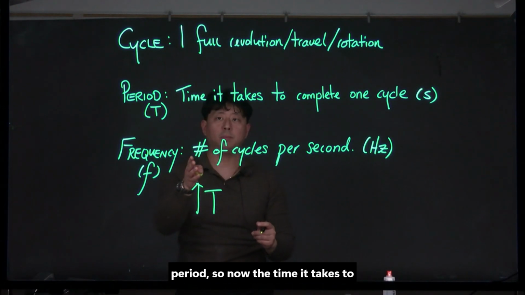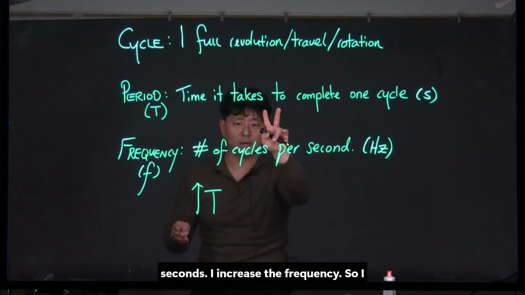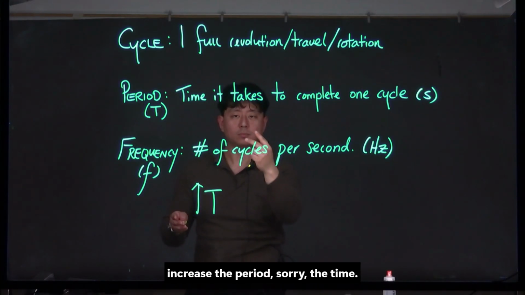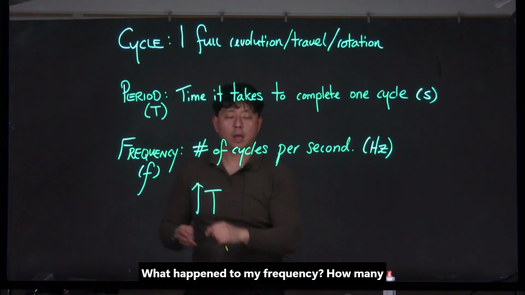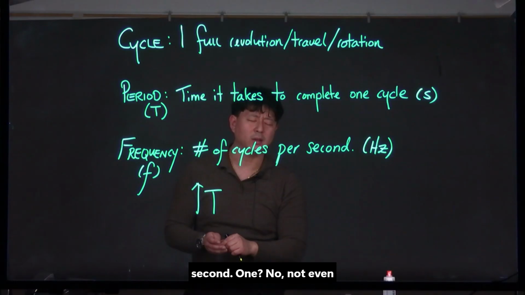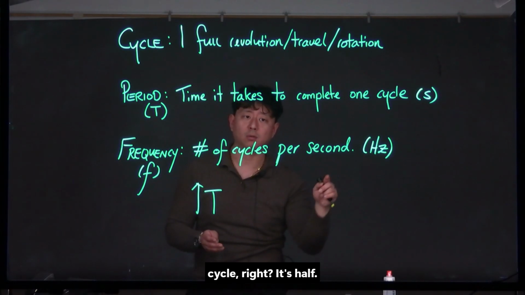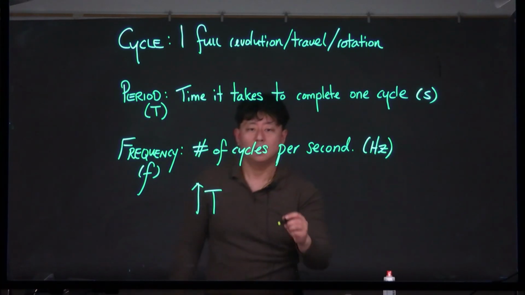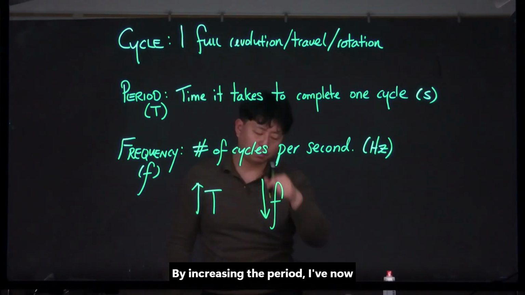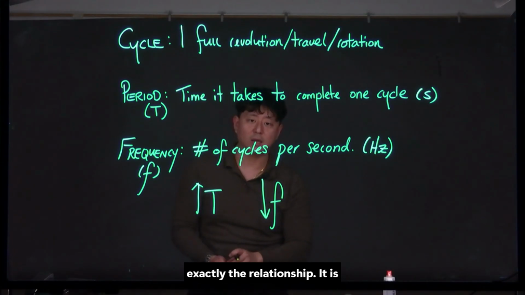If I increase my period, so now the time it takes to complete one cycle becomes 2 seconds. What happened to my frequency? How many cycles am I completing per second? 1? No, not even 1. It takes 2 seconds to complete one cycle, right? It's half. So it decreased. By increasing the period, I've now decreased the frequency. And that is exactly the relationship.